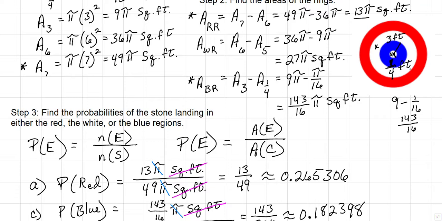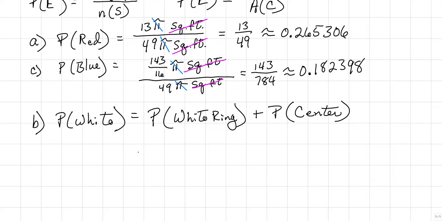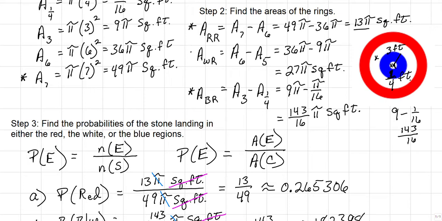And so we're going to need our information as far as how do we establish this. So the probability of the white ring is going to be the area of the white ring. So let me scroll back up so that we can get that. And that's right here.